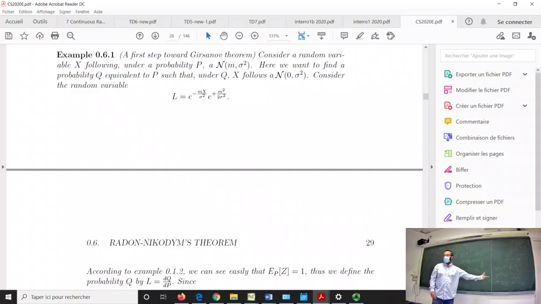And the term I have computed just before: minus m square over sigma square, minus sigma square t square over 2, and plus m square over 2 sigma square.